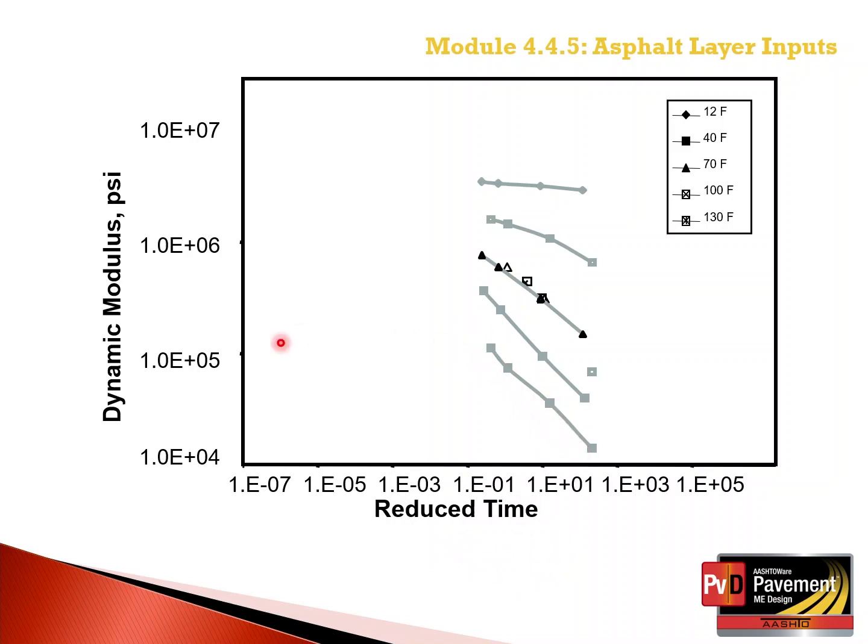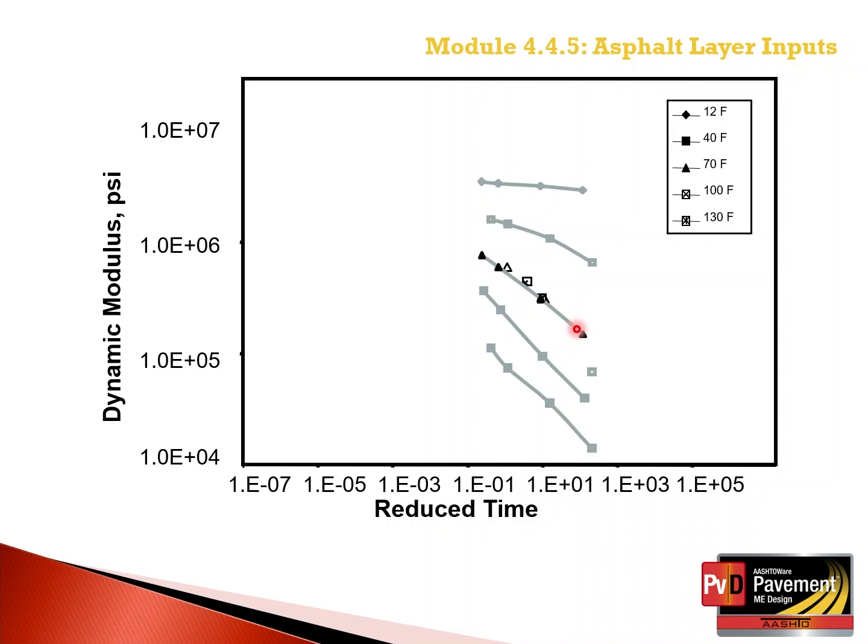So the individual dynamic moduli measured at different temperatures and loading frequencies are used to generate the master curve. The master curve is created in accordance with AASHTO R62, the standard practice for developing dynamic modulus master curves for asphalt mixtures.